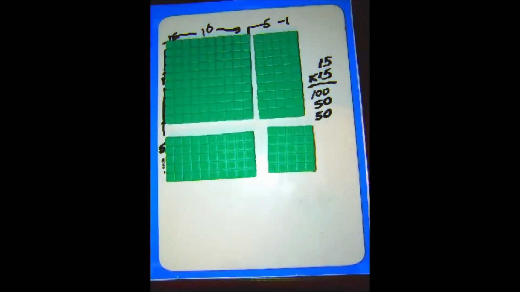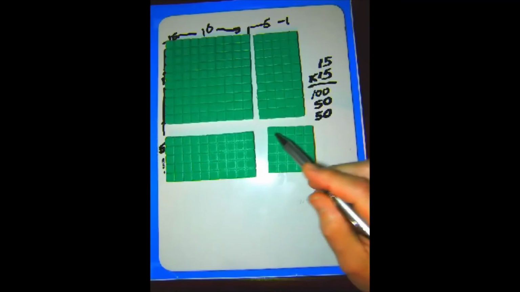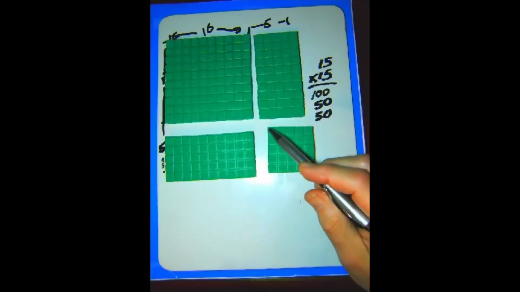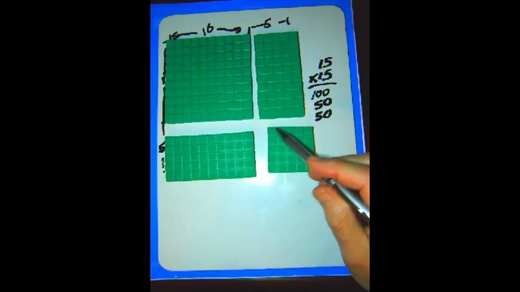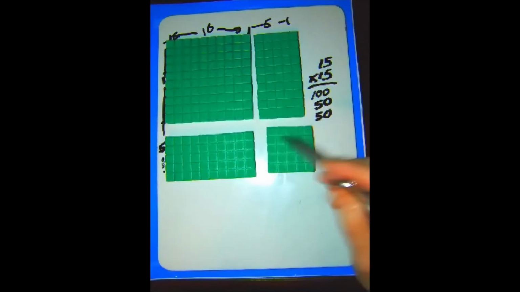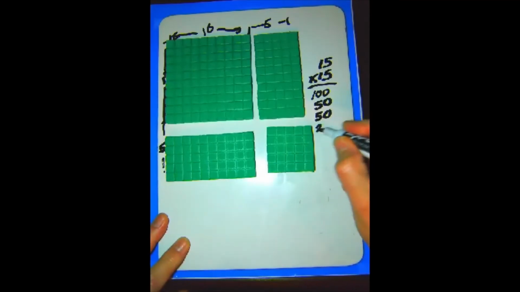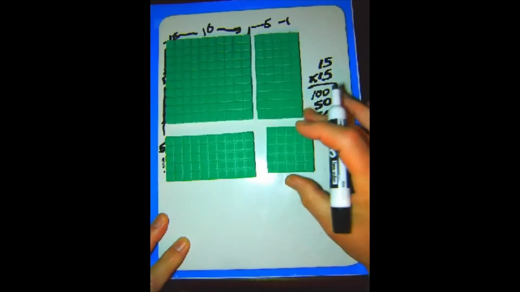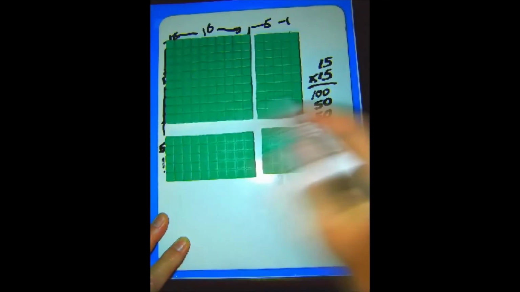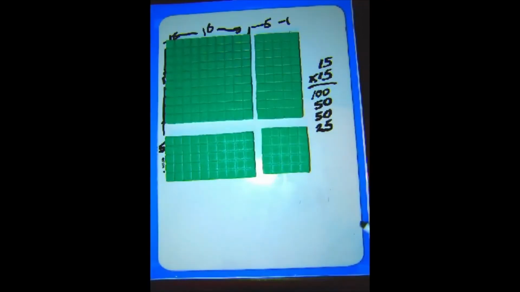If we're not comfortable with skip counting, we can count it using the models that we generated for small numbers. 1, 2, 3, 4, 5, 6, 7, 8, 10, 15, 20, 25.